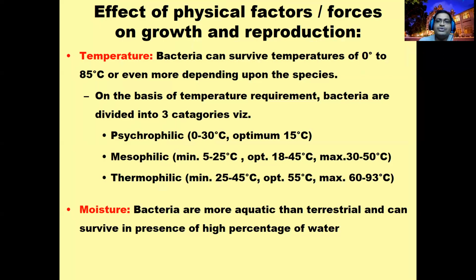Then we will move to the abiotic factors that influence bacterial growth, reproduction, and survival. As I already explained, bacteria can survive in a wide range of environmental conditions, from very cold to hot temperatures. Bacteria are important for agriculture. They can survive from 0 degrees Celsius to 85 degrees Celsius.